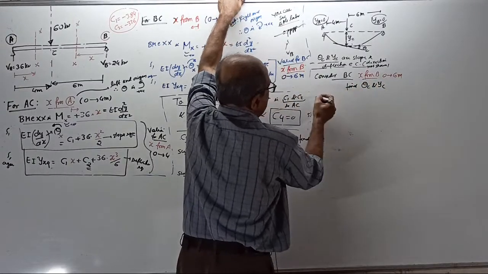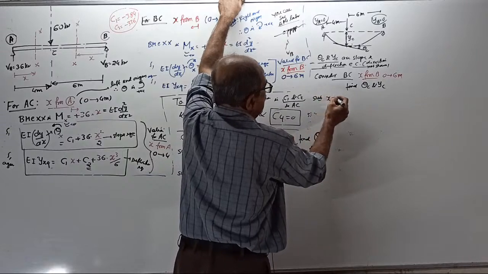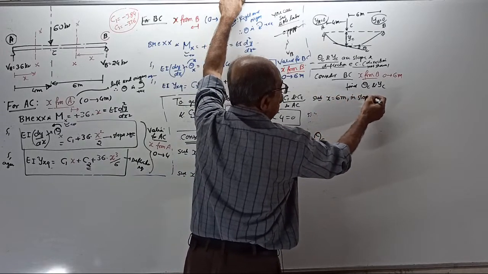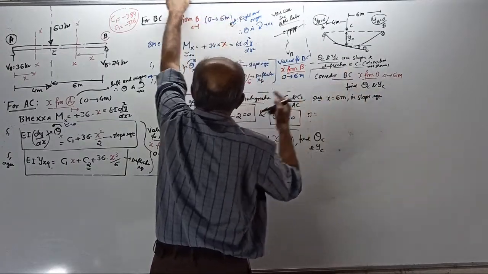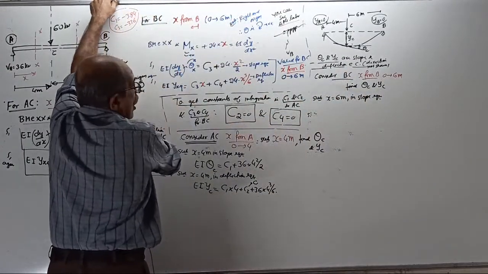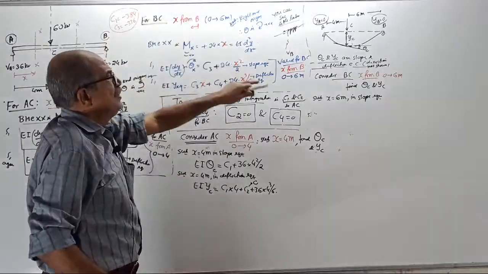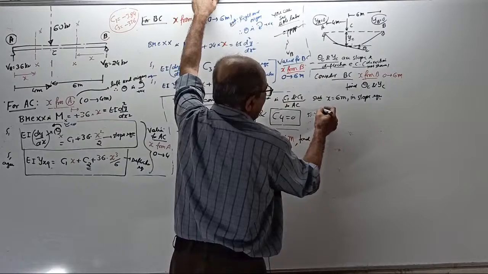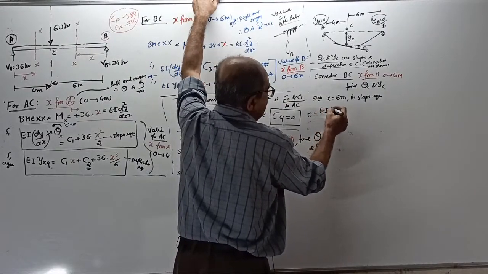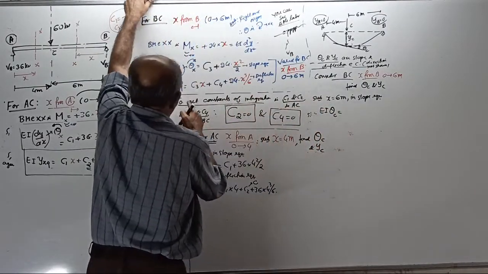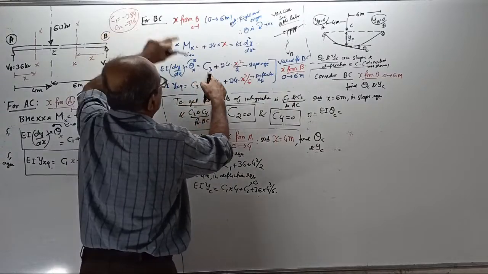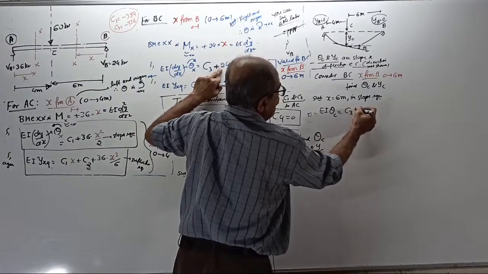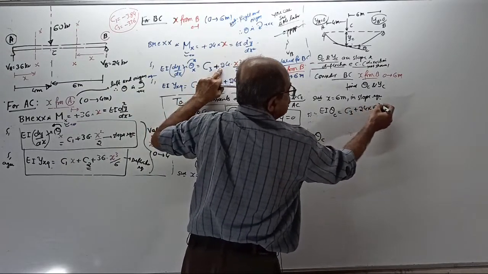Substitute x equal to 6 meter in the slope equation for BC, this one, not that one. I wrote, consider BC means this equation. EI theta c once again equal to C3 plus 24 into 6 square by 2.